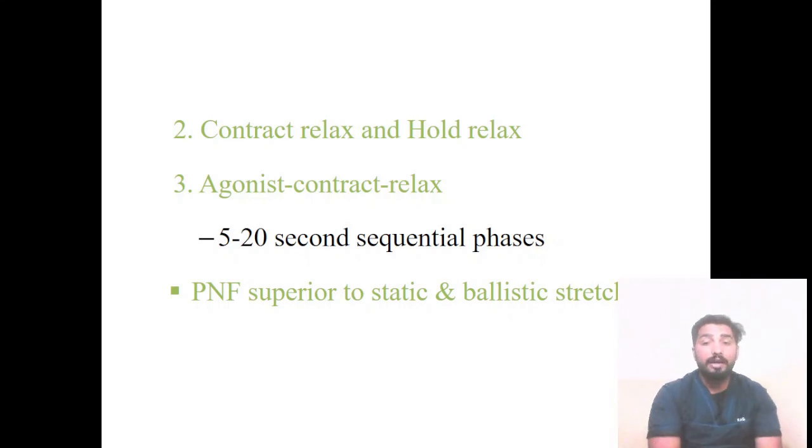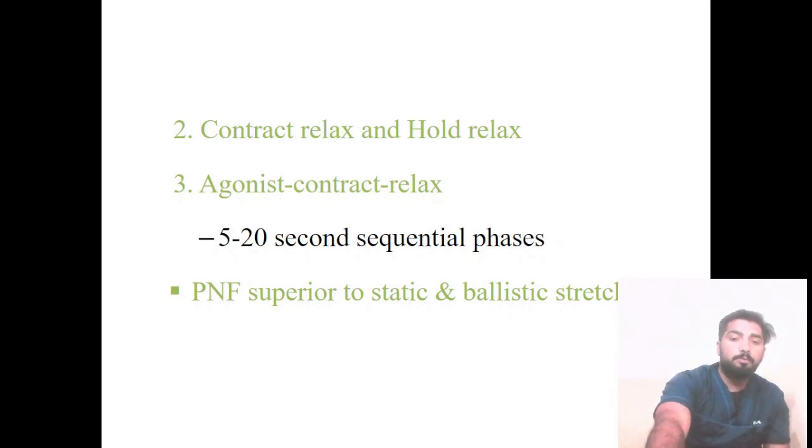That is the contract-relax hold-relax technique. I hope you understand this technique, and I will make another complete series of lectures on the PNF techniques, and a separate video on the Golgi tendon organ and muscle spindle difference, because they are important topics.